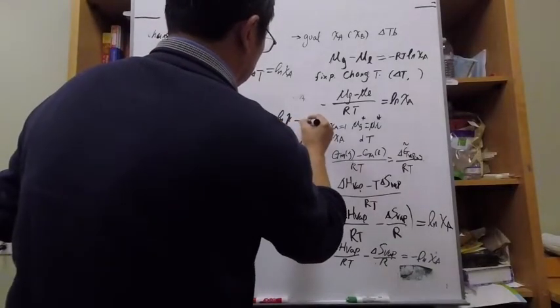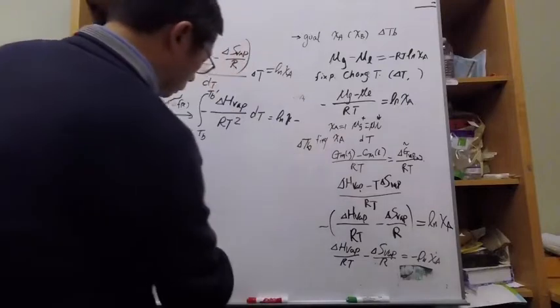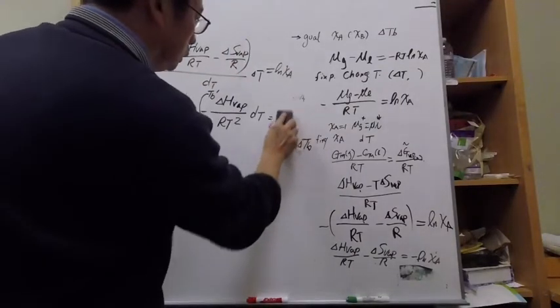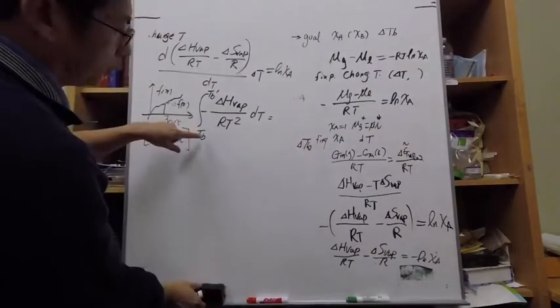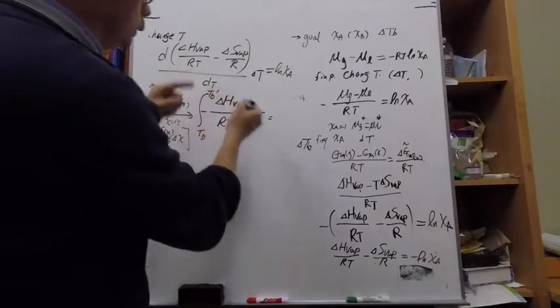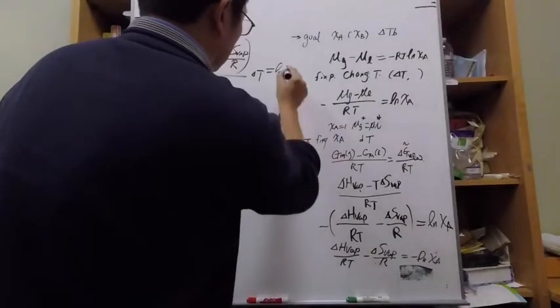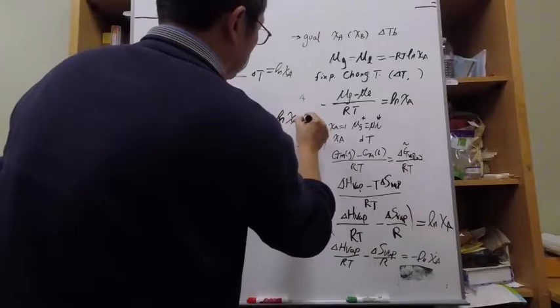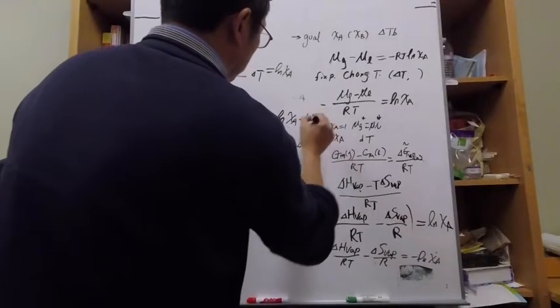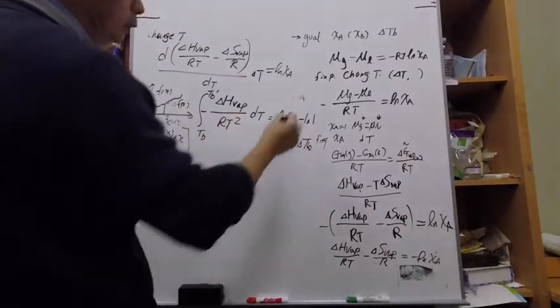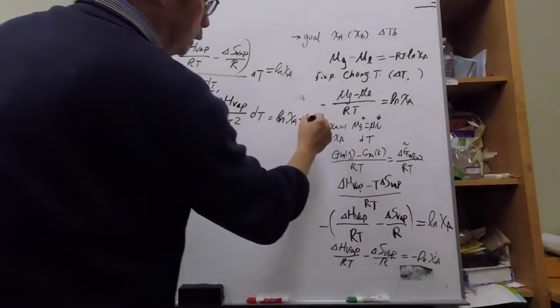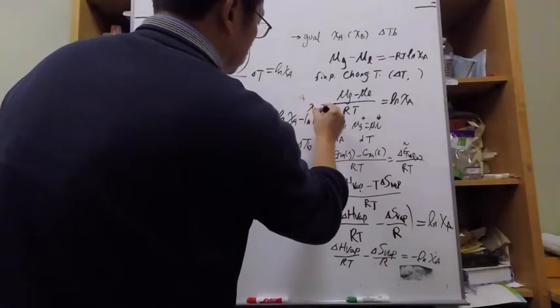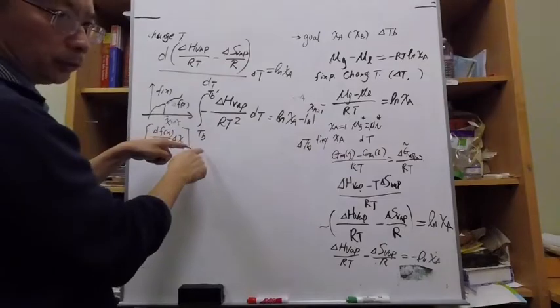So the integration from the boiling point to a new boiling point, the right-hand side becomes natural log of the molar fraction of A, corresponding to 1 when XA equals 1. That's the pure solvent, which corresponds to the boiling point.